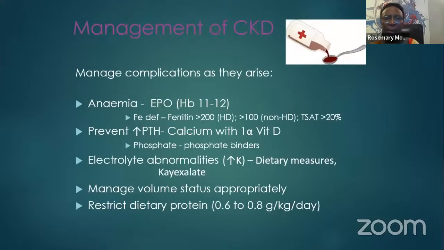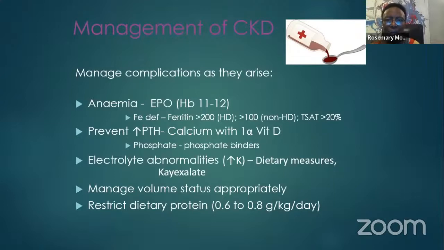Now, with the anemia, according to KDIGO, the recommended hemoglobin is 11 to 12.